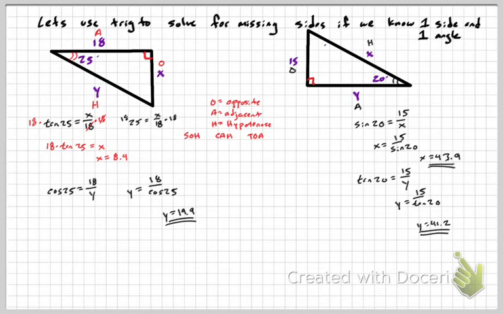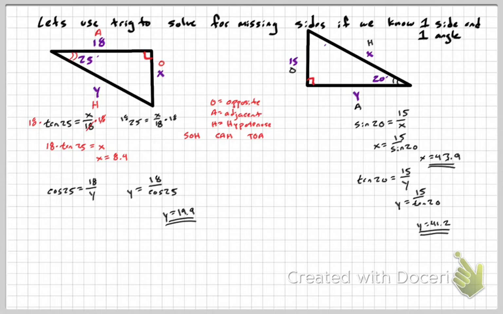Now guys, one thing you can do when you get all these measurements out is you can use Pythagorean theorem. So I could do 15 squared plus 41.2 squared. That gets me 1,922.44.